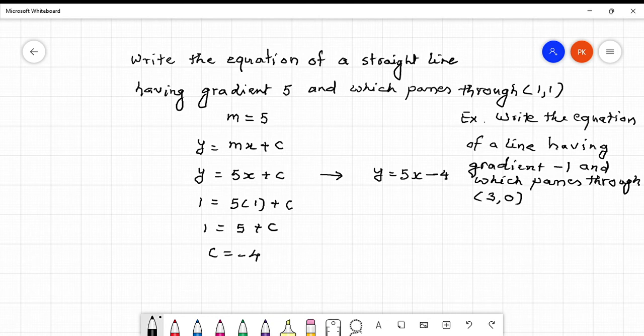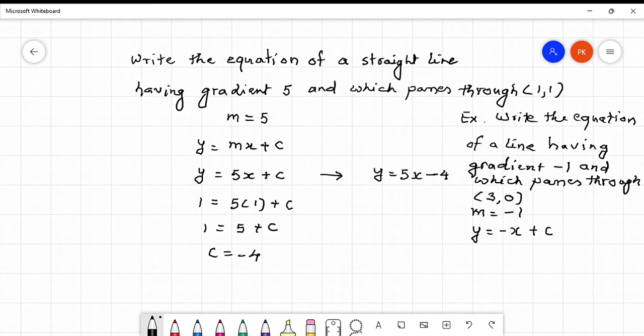Now, keep it in mind that (3, 0) means the x-intercept is given to you, not the y-intercept. So don't take this as the value of c. Okay, now gradient is -1, so m is equal to -1. So first write the equation y is equal to mx plus c, that is y is equal to -1x plus c.